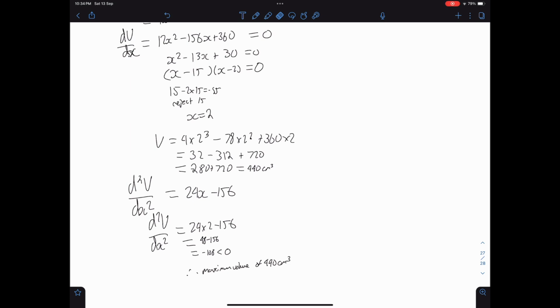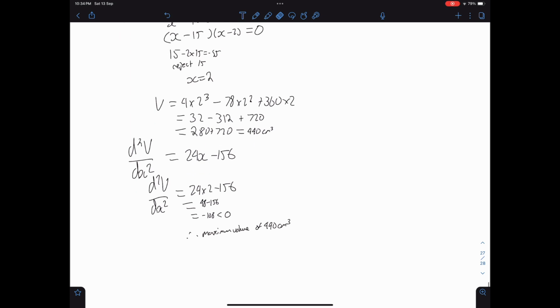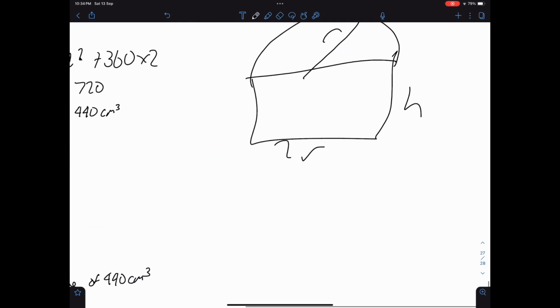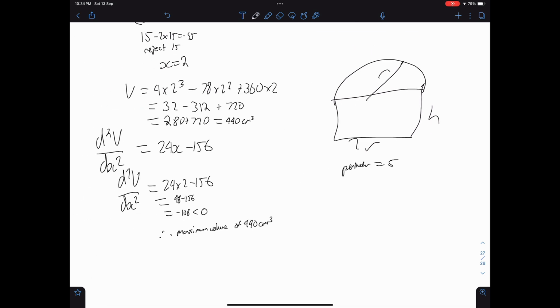Like, for example, if it gave you this, 2r and h, but it gave you perimeter equals 5, what you could do is pi r for that semicircle plus 2h plus 2r equals 5.